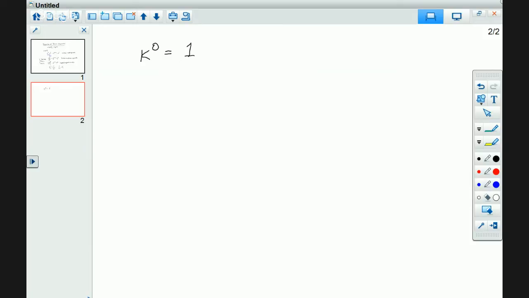Okay, let's start combining some rules. Simplify. It's just step by step. If you add, add the exponents.